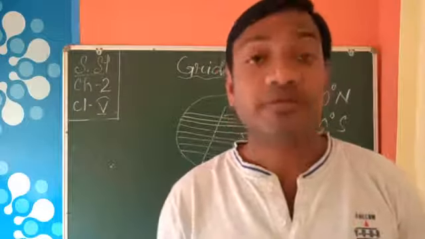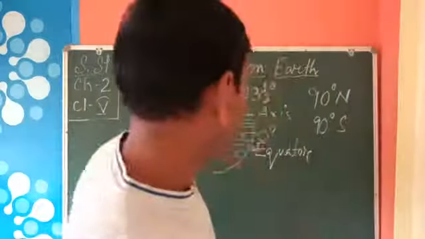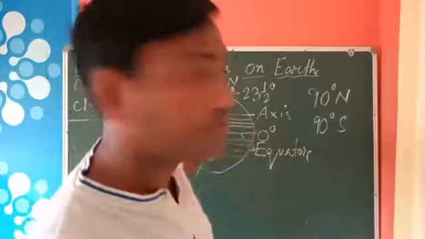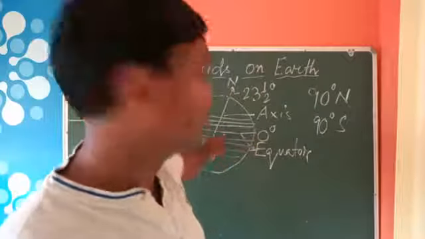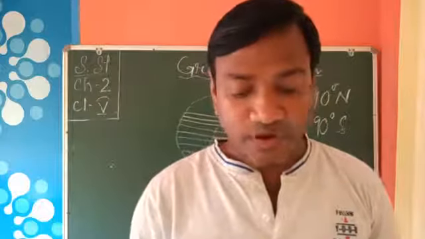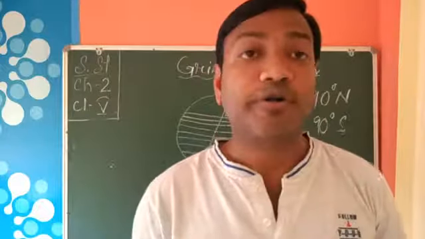The circles of latitude decrease in size. When it goes up, you can see here these are the smaller portions and this is the largest portion. This is the largest one, 0 degree. And if we go up, there will be smaller circles. The latitude at 23 and a half degree north is called the Tropic of Cancer.